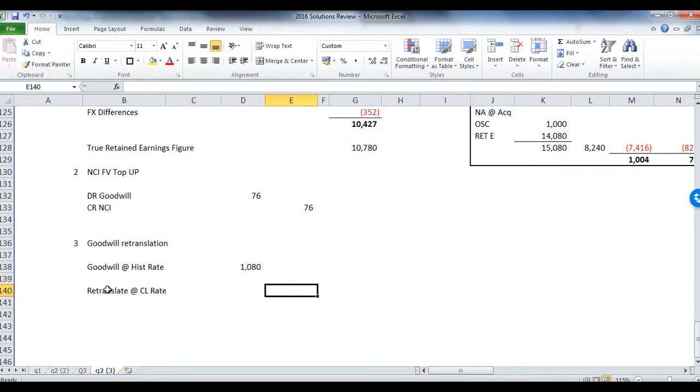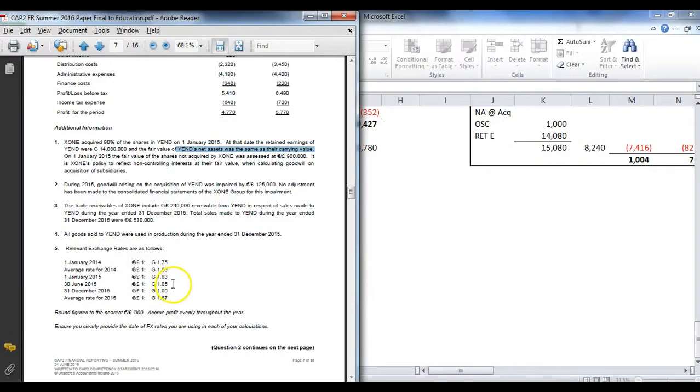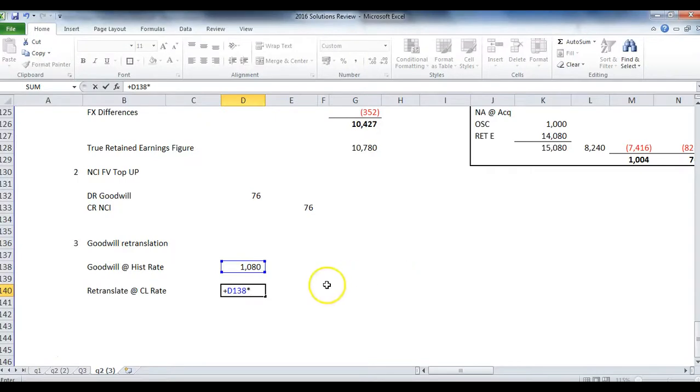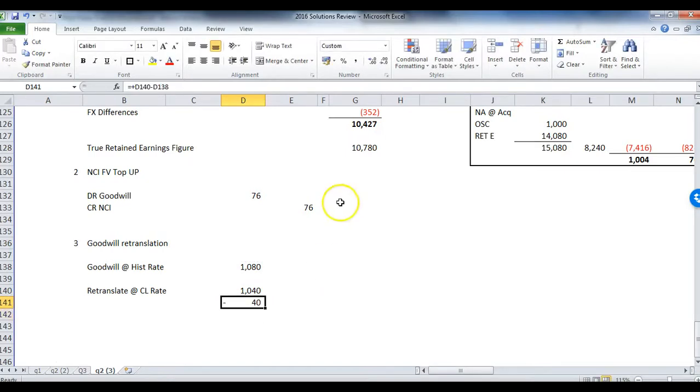So if we retranslate at the closing rate, we take the 1080, multiply it by the historic rate to get back to what the figure in groupies was, 1.83. And we then divide it by the closing rate to get what it would be retranslated now at the year end. So it's now only worth 1040, so you now have a foreign exchange loss of 40.